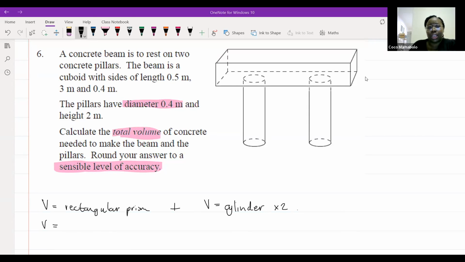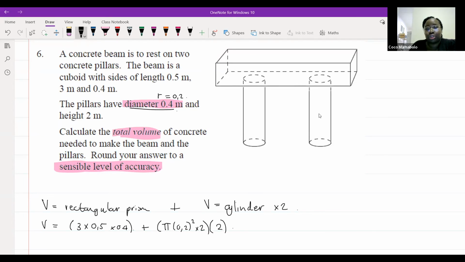We're just going to take 3 times 0.5 times 0.4, plus the volume of the cylinders. We know that the diameter is 0.4, which means our radius is actually 0.2. Because our base is a circle, we're going to have pi times 0.2 all squared multiplied by the height, which is 2, multiplied by 2, because there are 2 pillars.